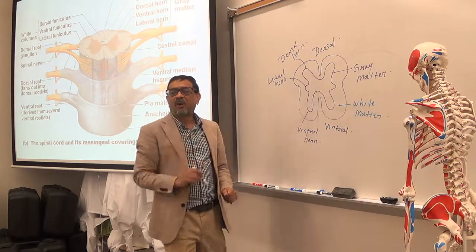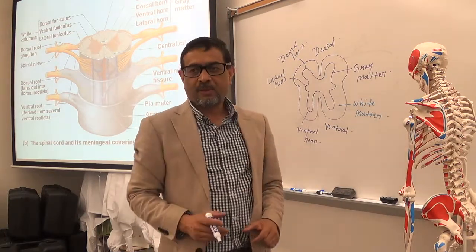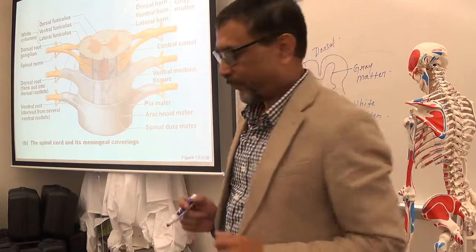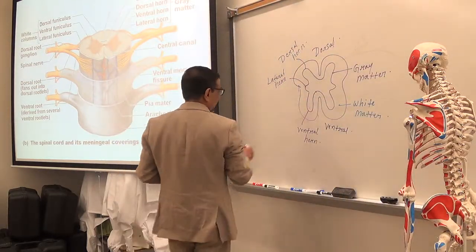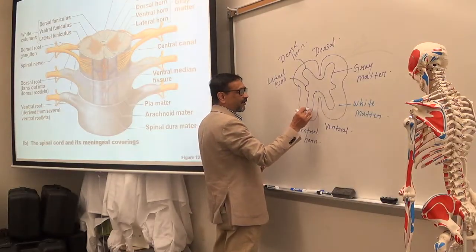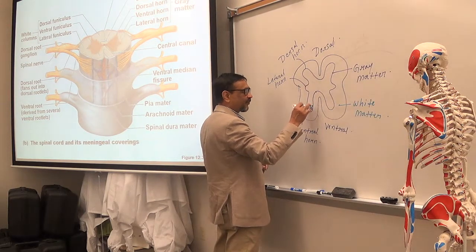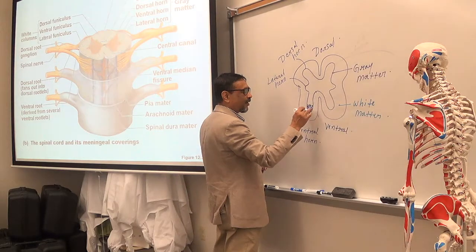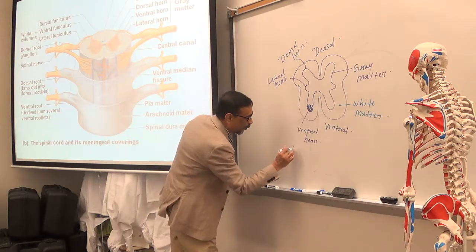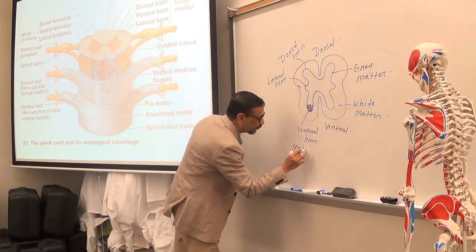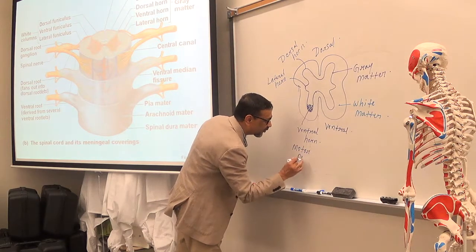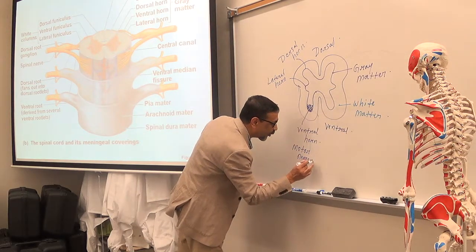In each horn, you have a group of neurons. In the ventral horn, you have the neurons that are called motor neurons. So, motor type neurons.